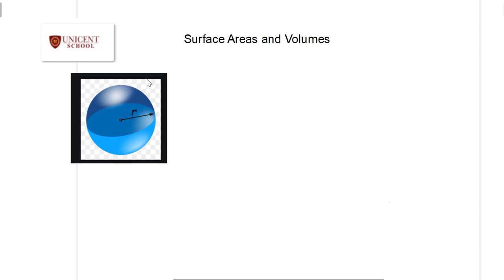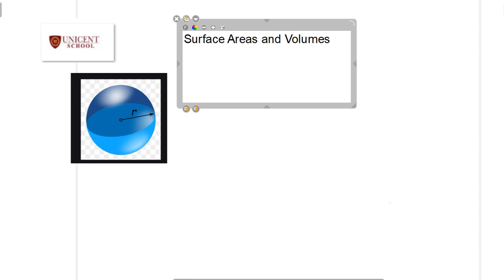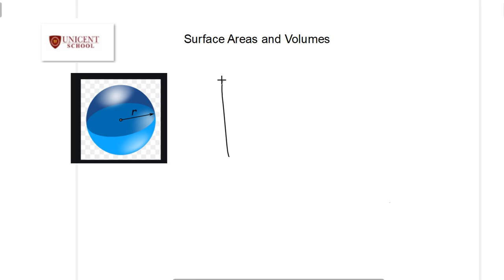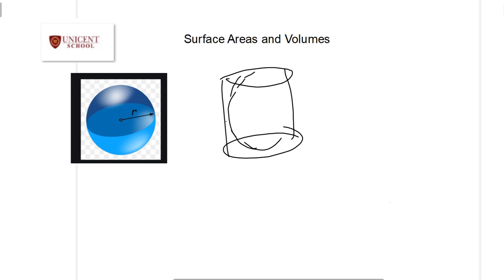And here we have to remember one great mathematician, Archimedes, who gave the relation between the cylinder and the surface area of a sphere. That is, if I take a cylinder and if I take a sphere inside it, which has the same height, that is, the diameter of the sphere is equal to the height of the cylinder.